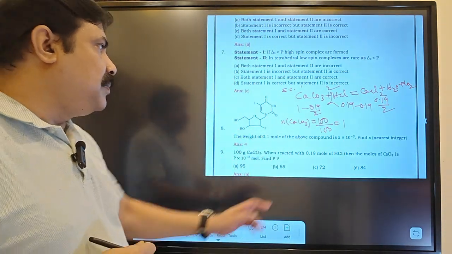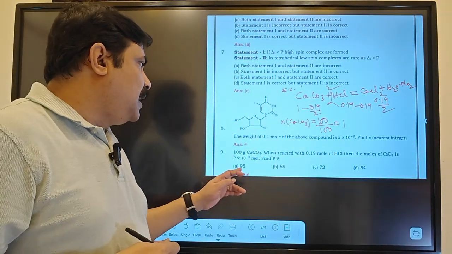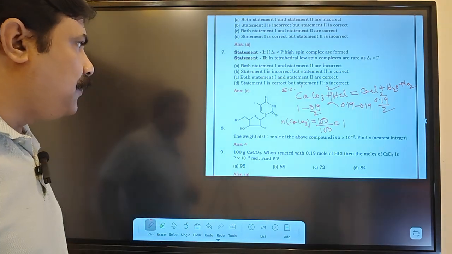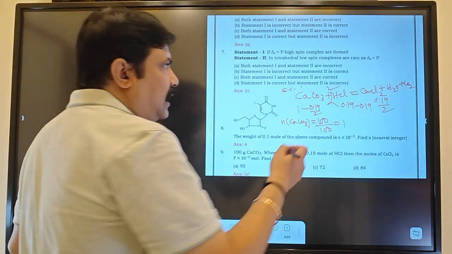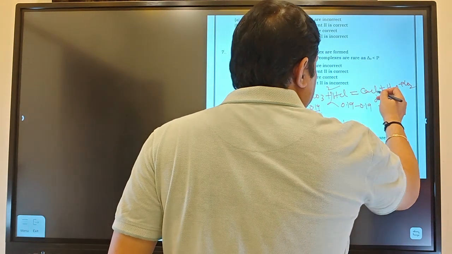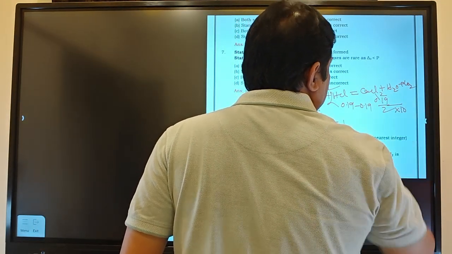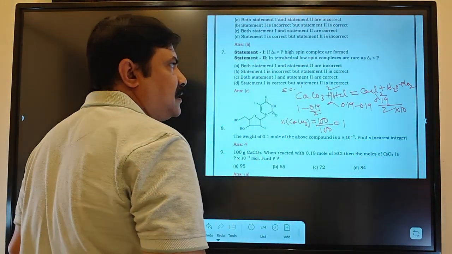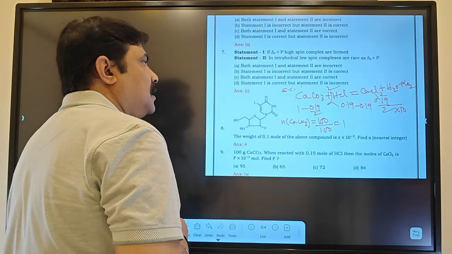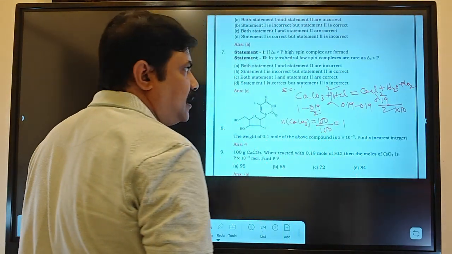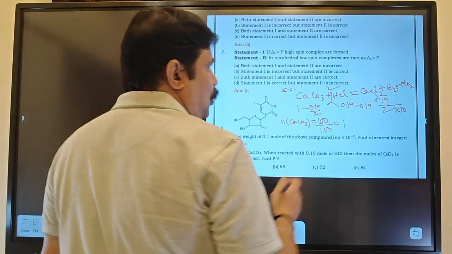Now they are asking the number of moles of calcium chloride formed, which is P into 10 power of minus 3. If I convert in terms of these things, 0.1 by 2 is nothing but 0.05.